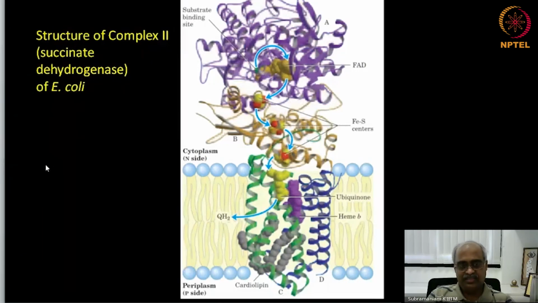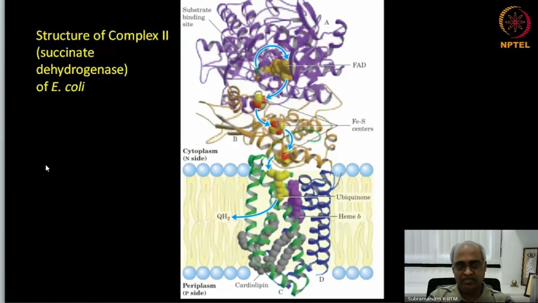In the TCA cycle, we saw succinate dehydrogenase, which oxidizes succinate into fumarate. And there I told you succinate dehydrogenase is a membrane-bound enzyme, while all other enzymes of the TCA cycle are in the mitochondrial matrix.